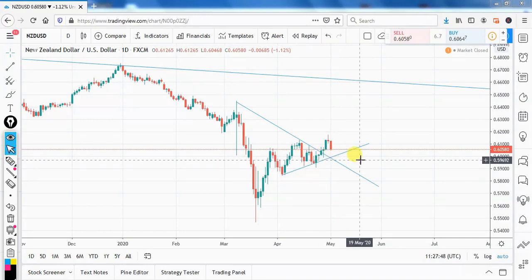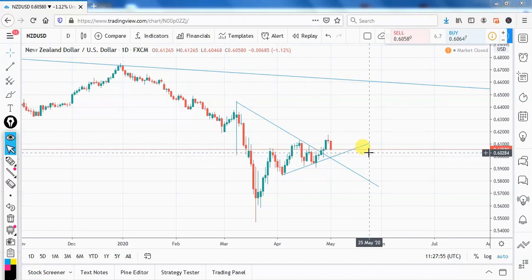So we're going to wait for the price to come down at the 59.70 zone, around this area, and then a retracement up to the 60.30 or 60.25 zone. That's when we're going to be taking our entry.